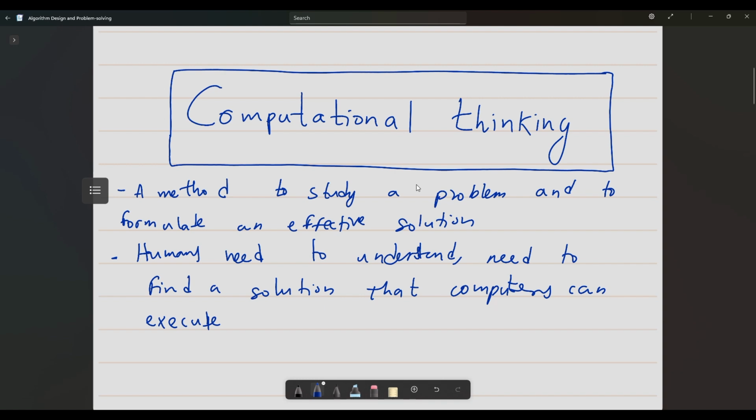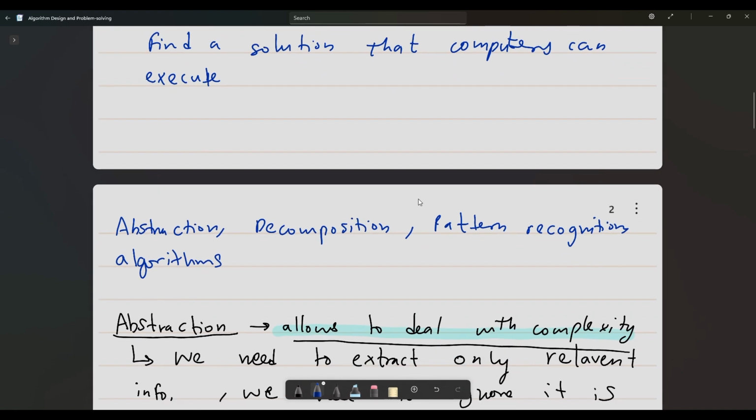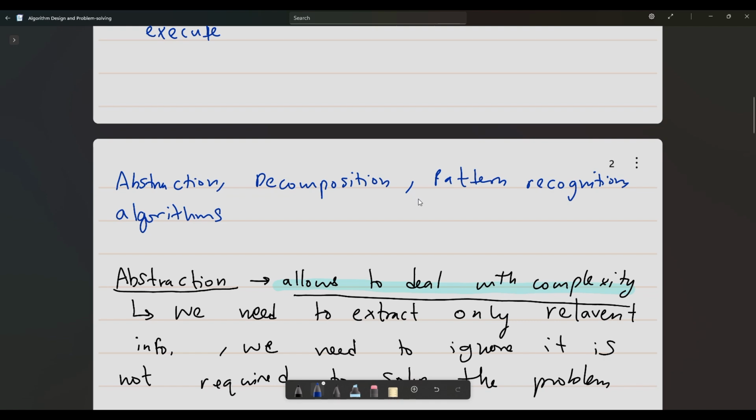We need to make the computer understand how to compute it, and what needs to be computed for this problem. So we humans need to understand, and then find a solution that computers can execute, and that we can use later in the future. That is computational thinking.